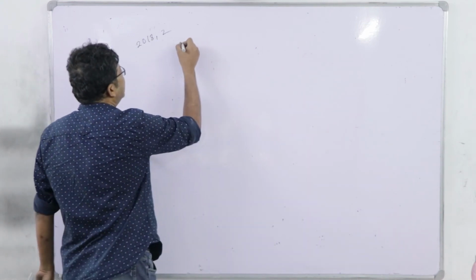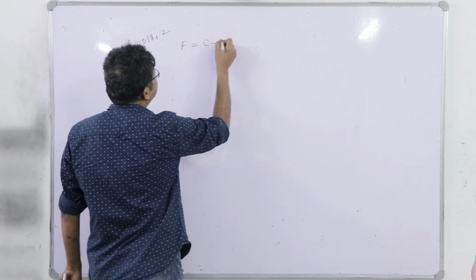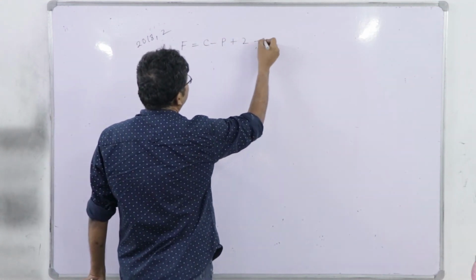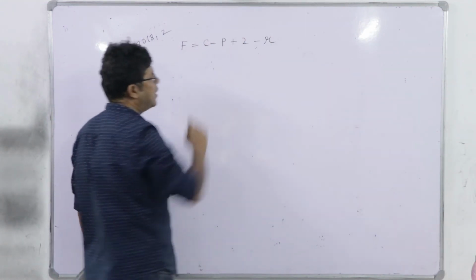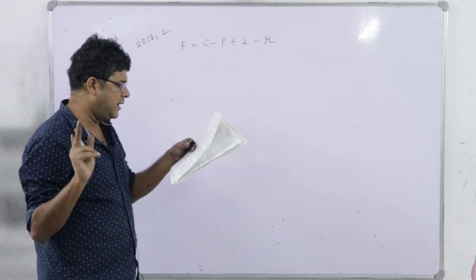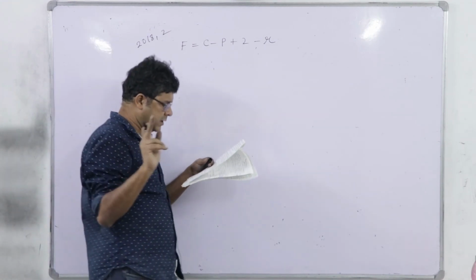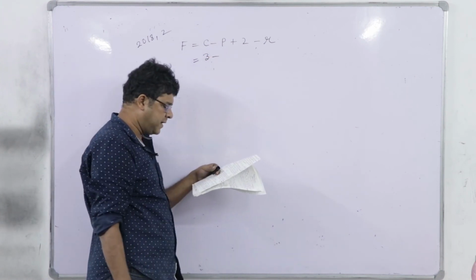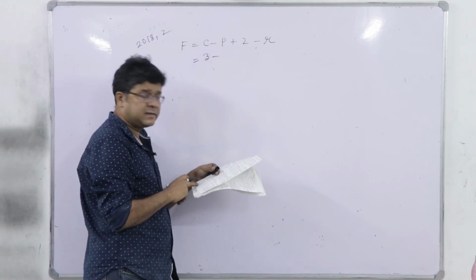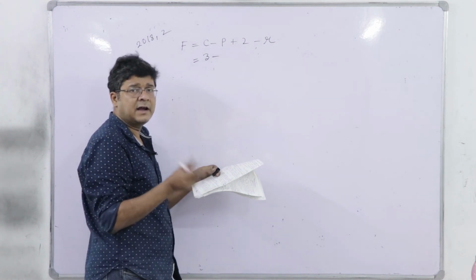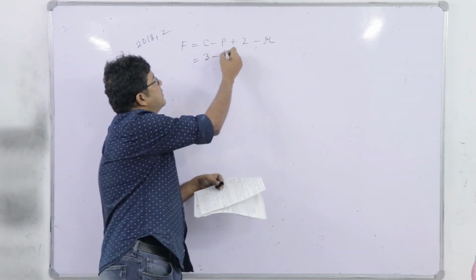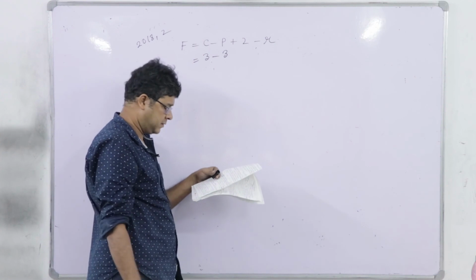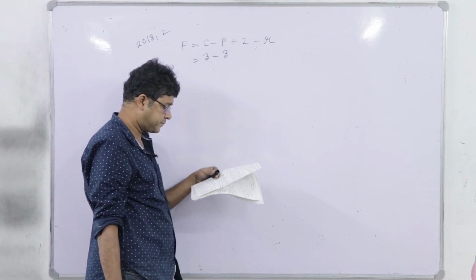Now we know that degrees of freedom is equal to C minus P plus 2 minus R, where R is a special constraint. Now how many components are there? Ethanol, water and benzene, so it is 3 minus how many phases? Here it is stated that two liquid phases are there, and additionally there will be another vapor phase, so it is 2 plus 1, 3, right.